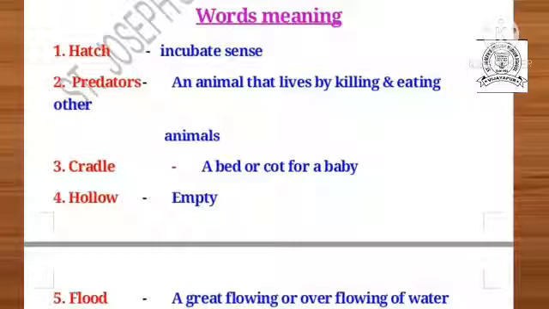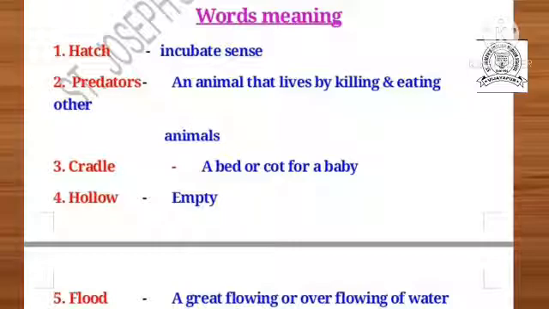Now the next one is cradle. Third one is cradle. A bed or cot for a baby. It is the meaning of cradle. And here in our lesson, which bird can make a cradle shaped nest? Do you remember? Which bird? Weaver bird.